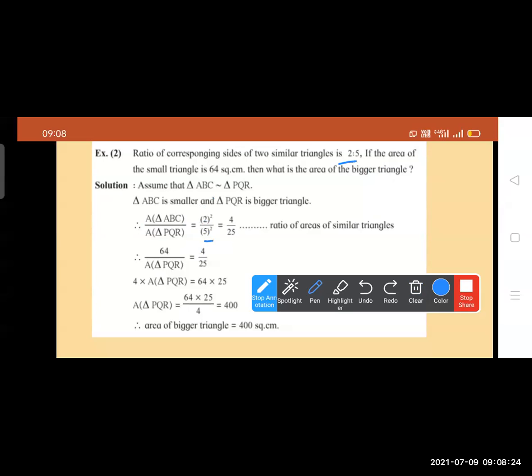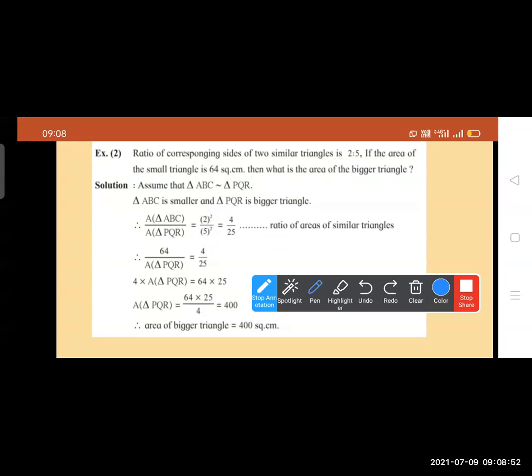So the ratio is given 2:5, but here we want to take their square because the theorem is the ratio of the areas of two similar triangles is always equal to the ratio of the squares. Here the word is square. So take the square of the ratio of the corresponding sides. So square of 2 is 4 and square of 5 is 25. So we get 4 by 25.